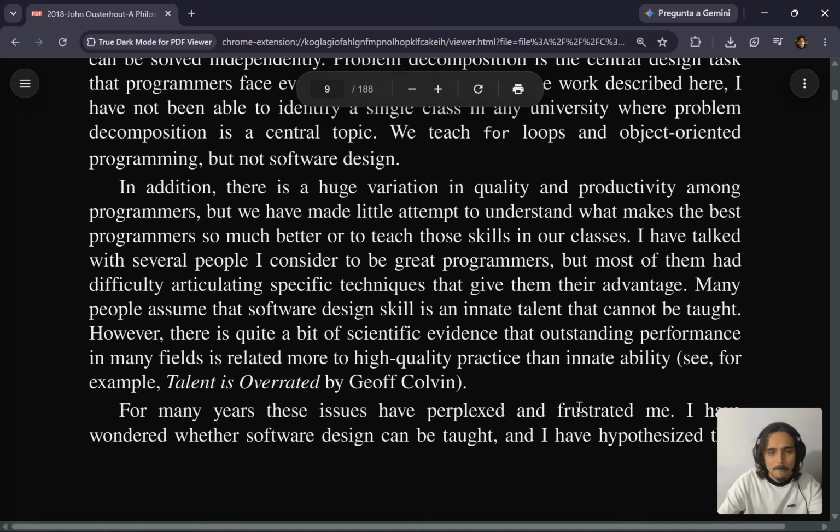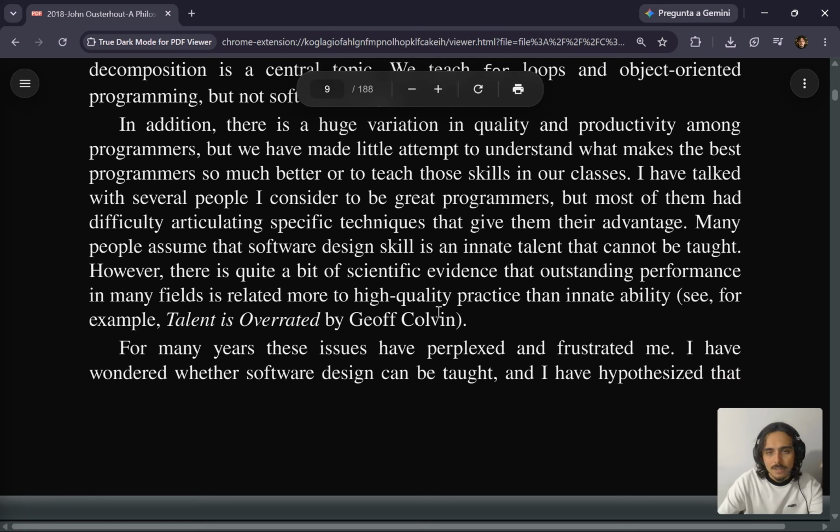innate ability. Yeah, this is basically growth mindset. Here we are, growth mindset team. It's the belief that you can achieve anything, you can learn and get any skill just by relying on practice and putting in the hours. So yeah, I totally agree with this. So software design and all this that we are going to learn, at least in my case, I'm going to start with the belief.